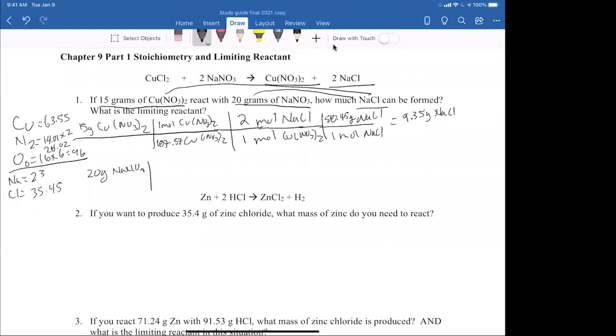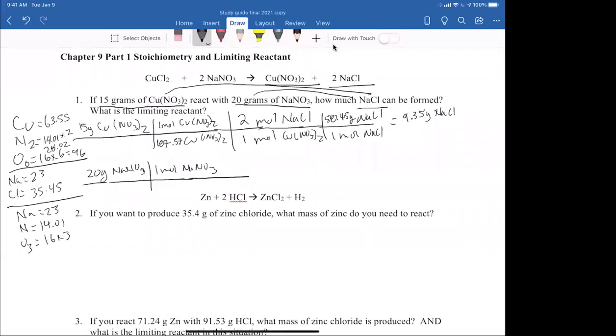So you're not done here because now you need to start with 20 grams of NaNO3 and you need to do the same thing. You're going to transition all the way to NaCl, right? So that means the same steps. It's going to be 1 mole of NaNO3 over the molar mass of NaNO3. So again, Na, N, and then O3. Well, we said Na was 23, we said N was 14.01, and we said O was 16, but we have 3 now.